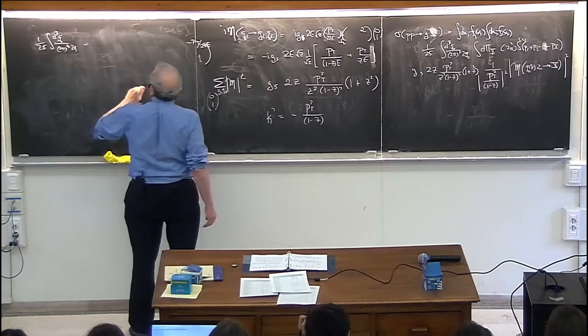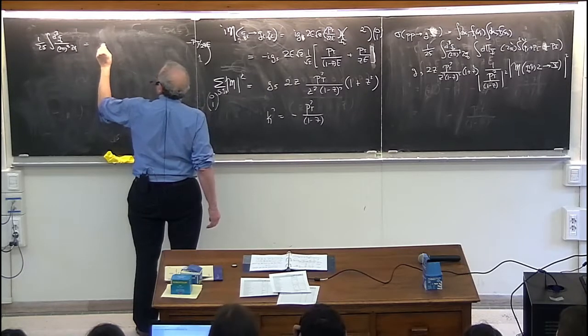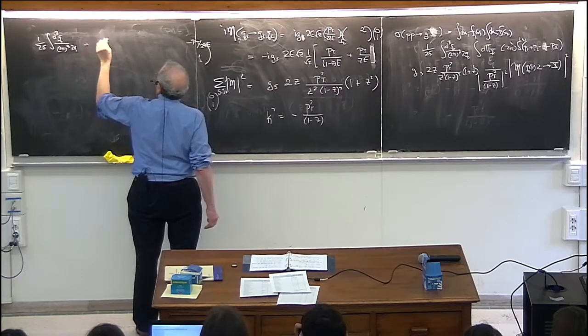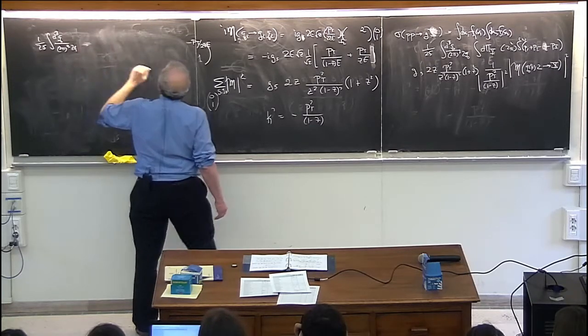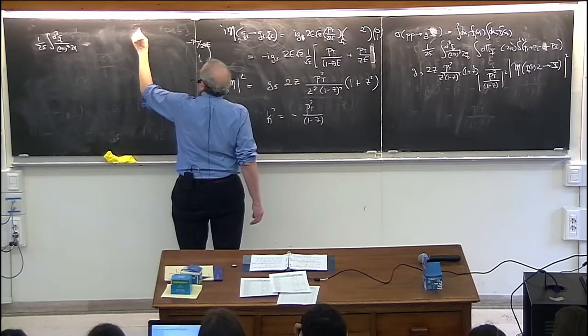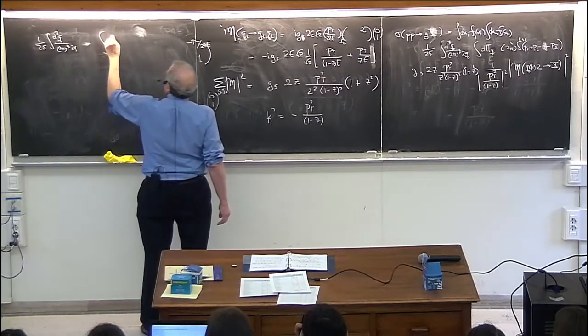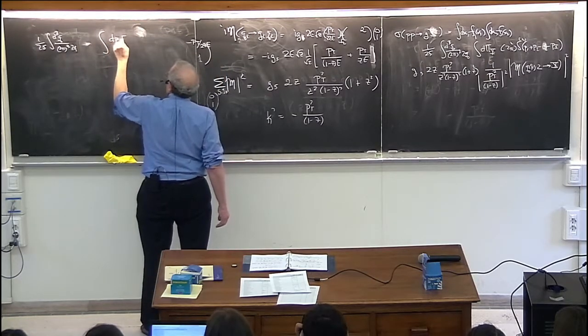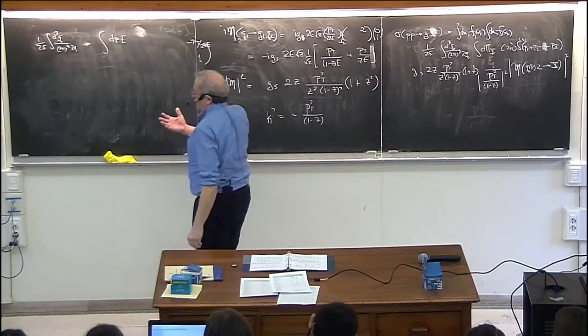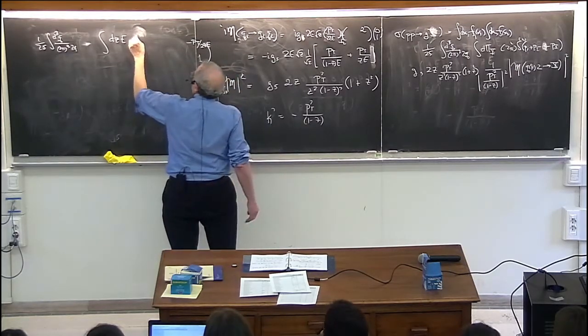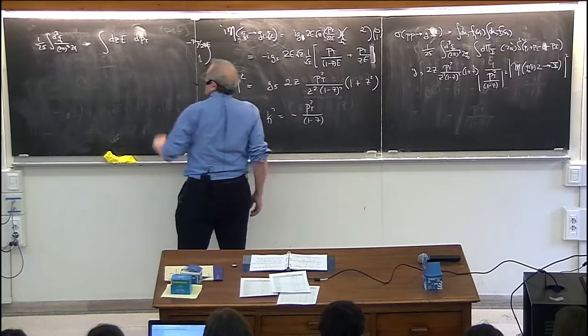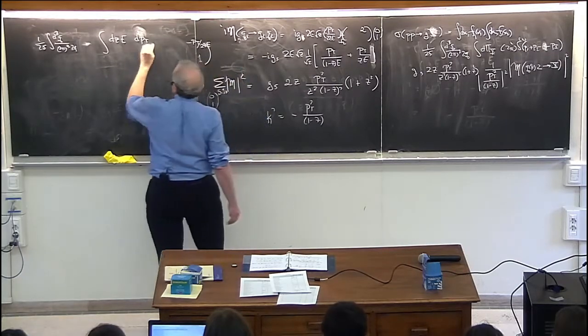First of all, I'd like to write this by writing d3q is the integral dz times e, that's the longitudinal component of q, the integral d2pt, that's the transverse component of q.